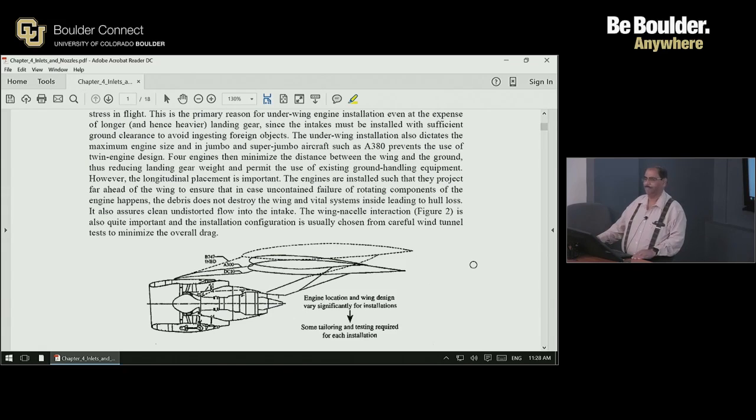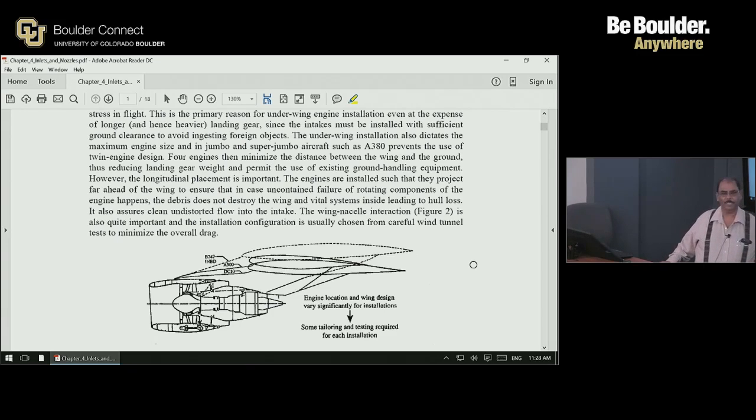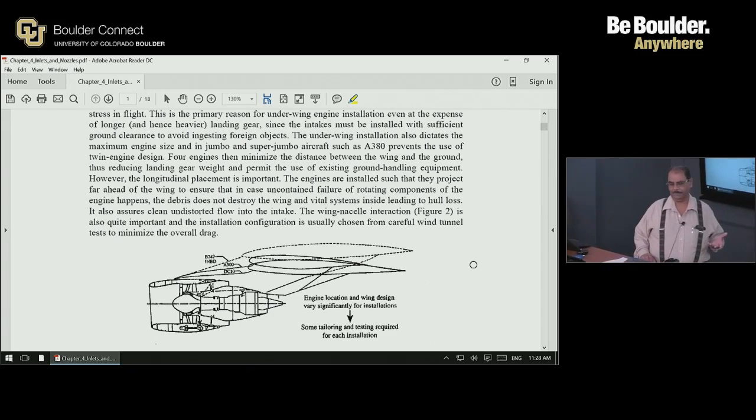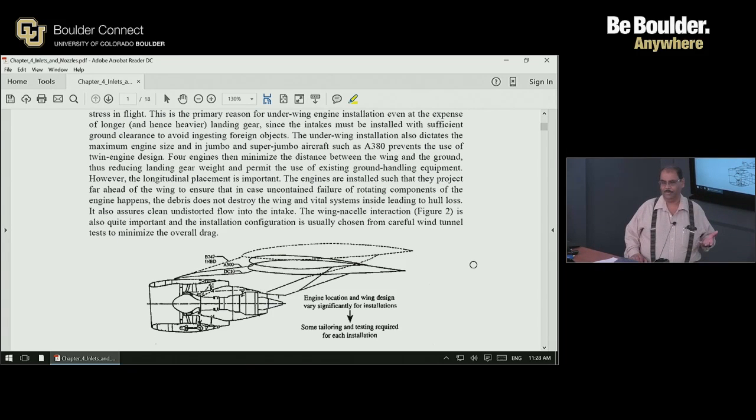Okay. Now, one of the important considerations, of course, is the ground clearance, okay, and the length of the landing gear. Okay. The ground clearance required has 2 points.